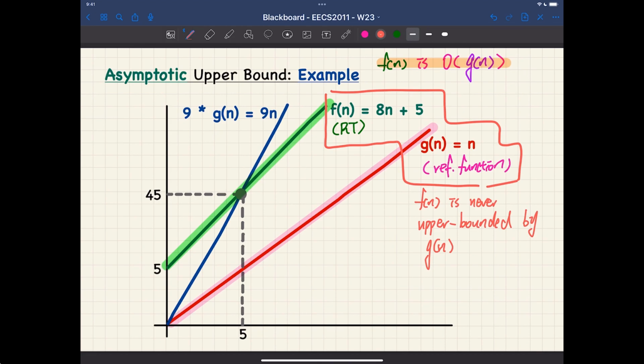I'll write it down a little bit more formally, but you can see that f of n is always above g of n, always. f of n actually got the multiplicative constant a, so it's actually steeper than this function here.